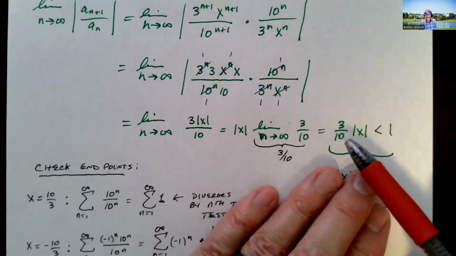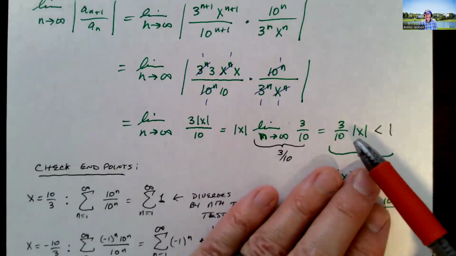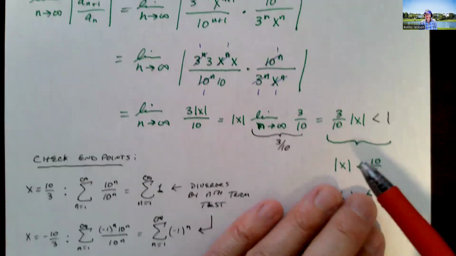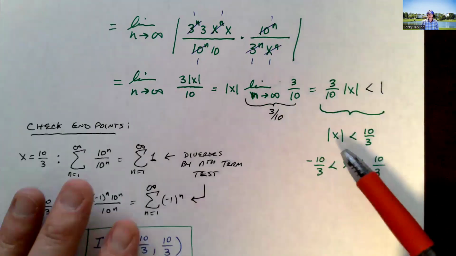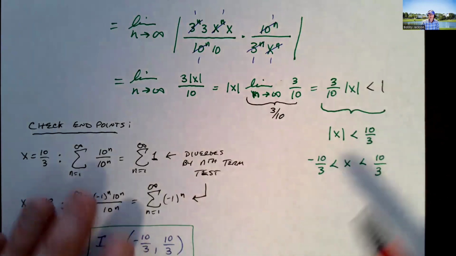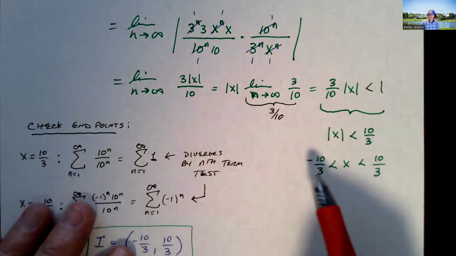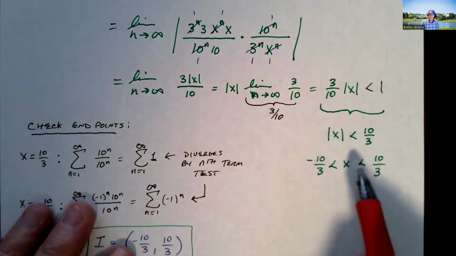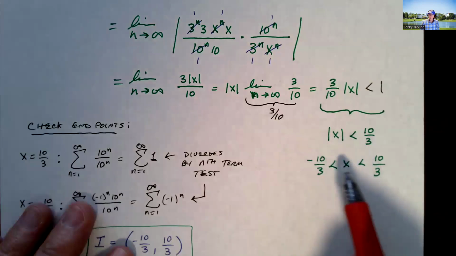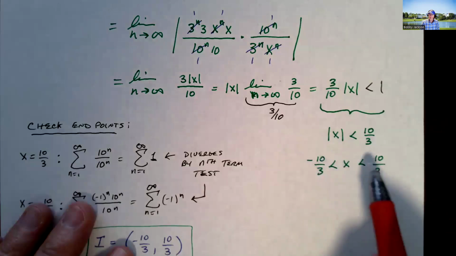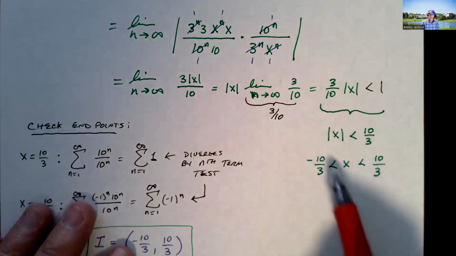Well, if 3/10 times the absolute value of x is less than 1, if I multiply by 10 thirds, I get the absolute value of x is less than 10 thirds, which means x is between negative 10 thirds and 10 thirds. So the power series is absolutely convergent for all these values of x between negative 10 thirds and 10 thirds. However, what's happening right at the endpoints?